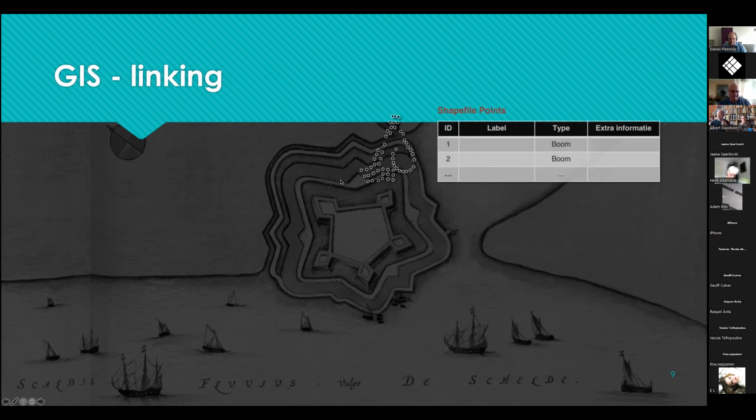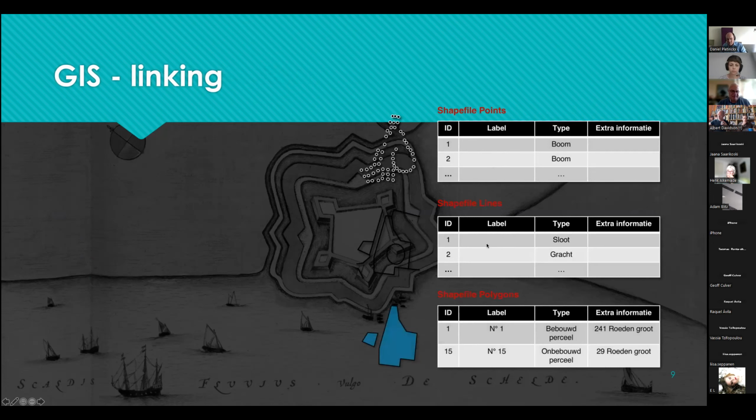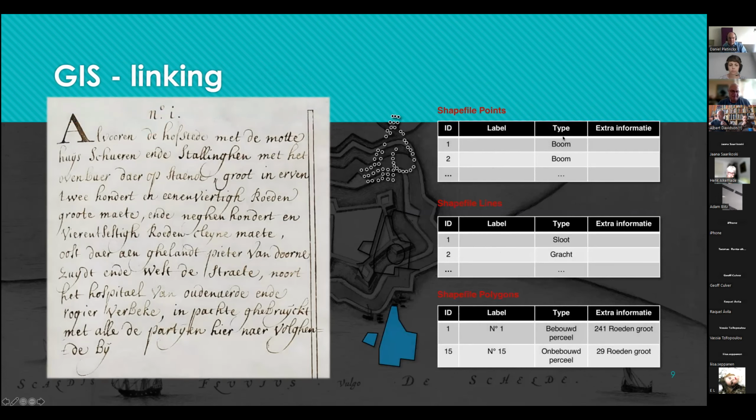And if we have these shape files, like we said, there can be a point. If you have an object which is small, you can just depict it with a point. It can be a line, for example, the border of something, or it can be a polygon, for example, a parcel. So in this way, when we do that, we can also link other documents to that.